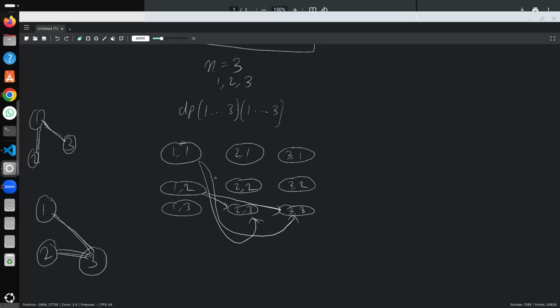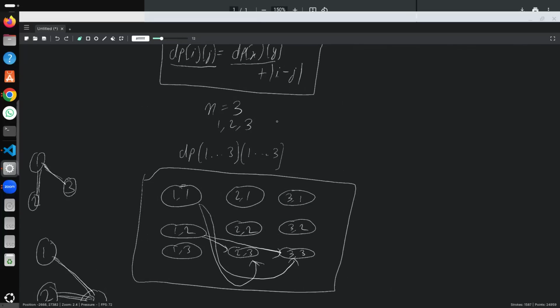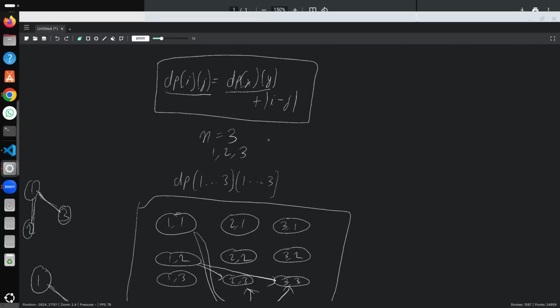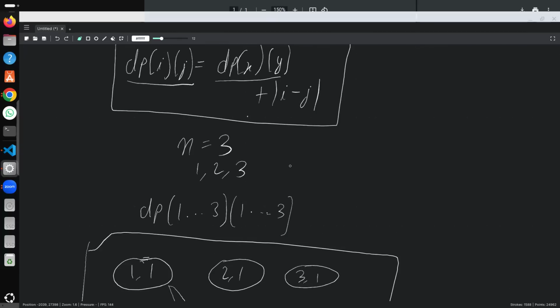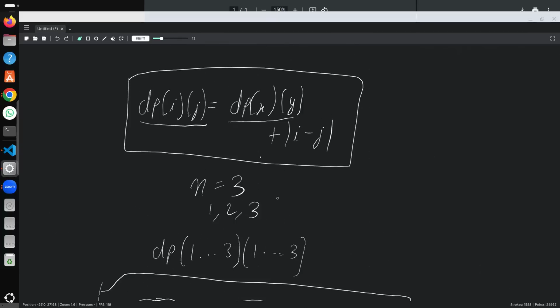That's my point, that you can actually make it like a graph containing n square vertices. And basically these edges also have weights. See, why do I make it as a graph? I'll explain now. Because this dp i, j is just dp x, y plus mod of i minus j.